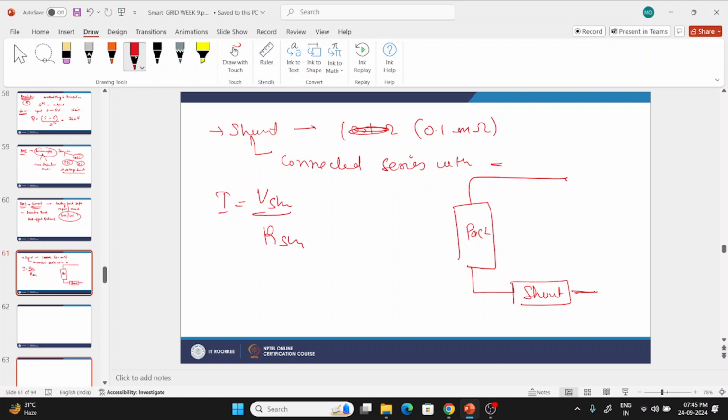Since the shunt resistance must be small, small इसलिए रखा गया है ताकि इसमें losses ज्यादा ना हो, क्योंकि हम series में लगा रहे हैं, ठीक है, voltage drop भी ज्यादा ना हो. And then after that one terminal is connected to the negative and other terminal of the battery is connected to the output.